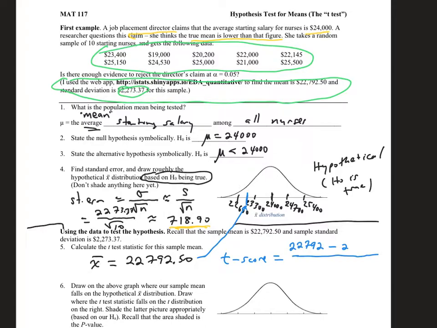And again, I'm looking at that picture. The mean on that picture is 24,000, that's right in the middle, divided by the standard deviation of that picture. In other words, divided by the distance between the tick marks. And I'll use my more exact value here. I don't want to use that drastically rounded off value. And I can actually do that calculation. My computer output says that's negative 1.68.